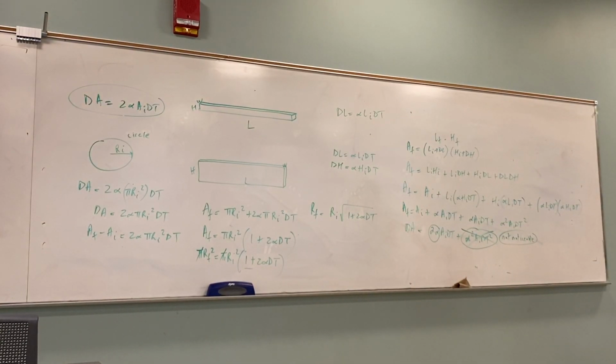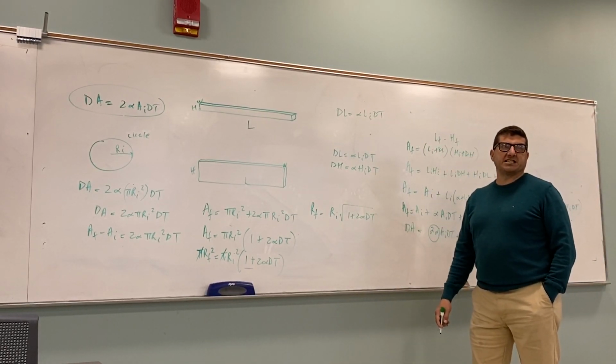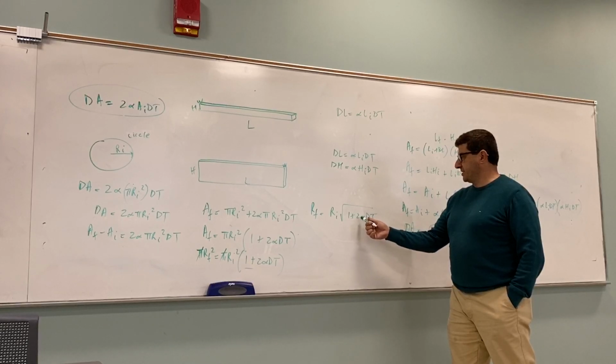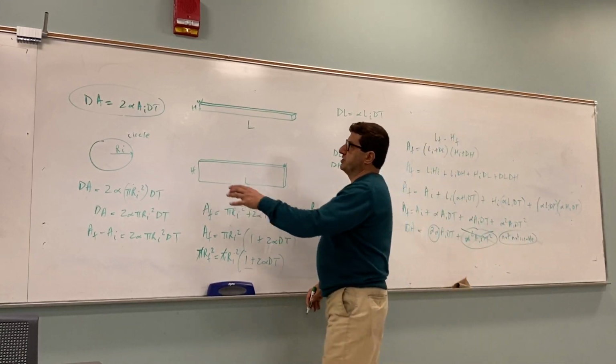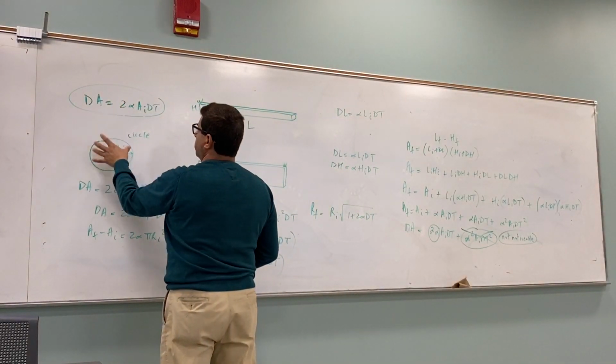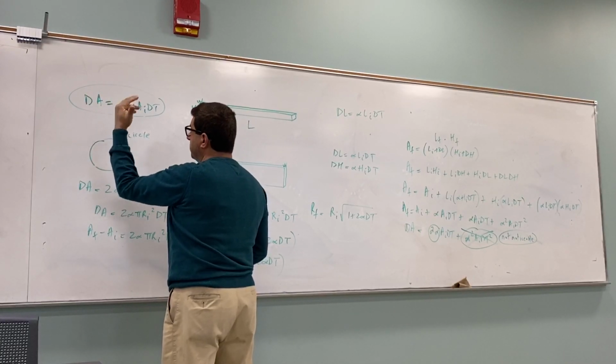It's kind of a weird formula that came out. So the radius is going to increase as a square root function: 1 plus 2 alpha delta T, all under a square root. So you could take this equation and apply it to shapes that are non-rectangular. Right? It could be circles, it could be anything.